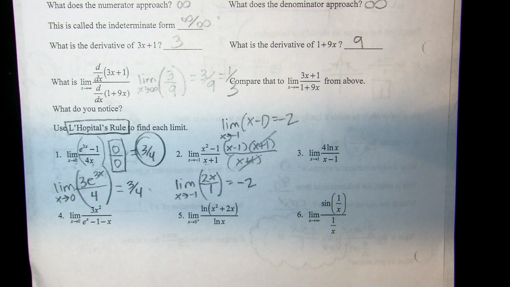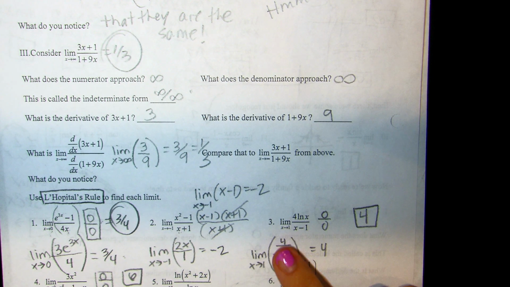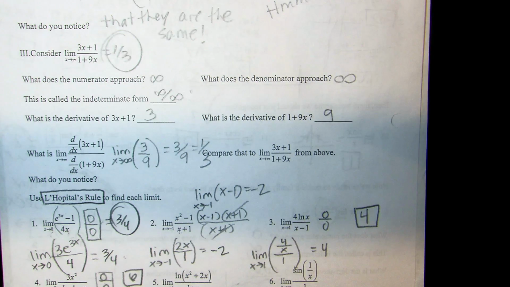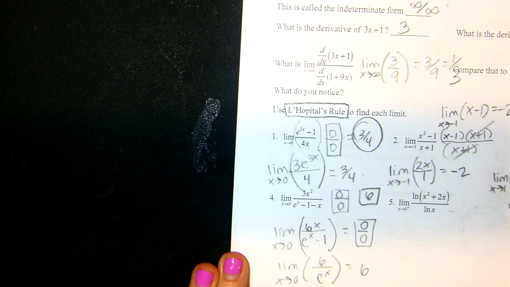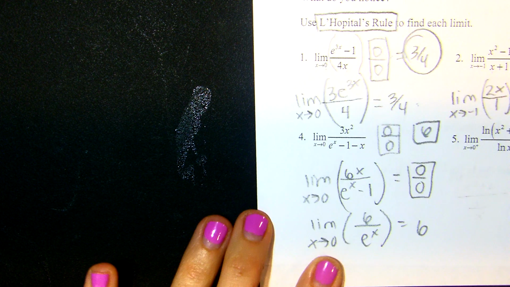Okay, I got 0 over 0, so I went ahead and tried L'Hopital's rule, derivative of the top, derivative of the bottom. The answer to this limit is also the answer to this limit. And then we're going to end on this one because 5 and 6 are a bit hard for the first day.